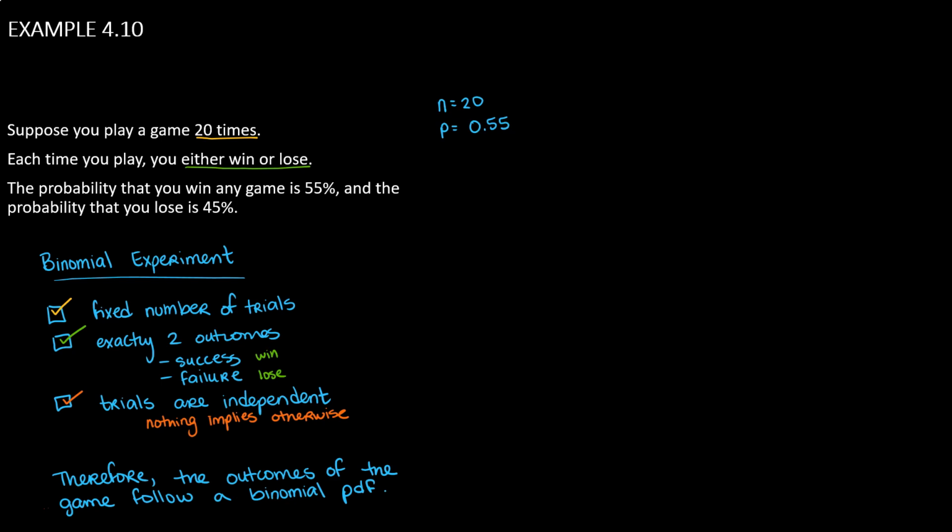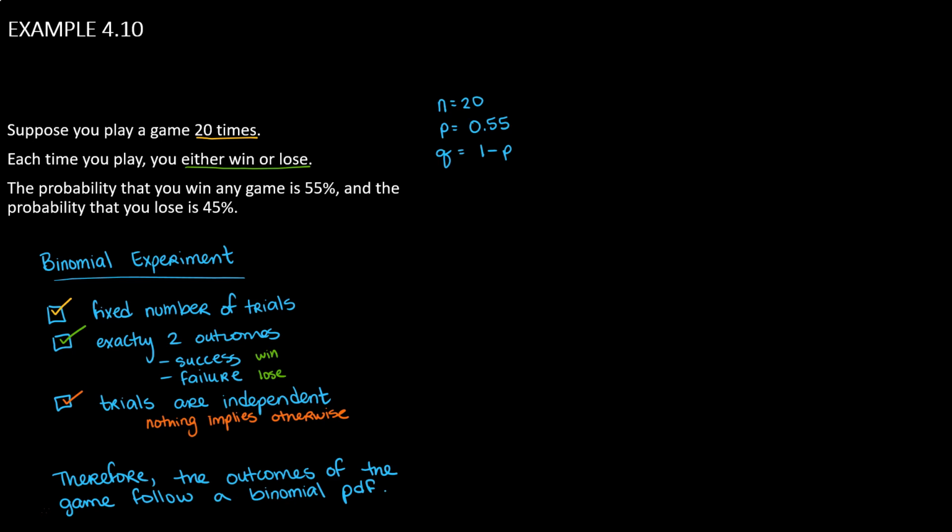The probability of success. We know that we have a 55% chance of winning any game, so our probability of success is 0.55. We use the letter p, a lowercase p, to represent the probability of success. And then lastly, q. Sometimes you're given q and sometimes you have to find q using p. q is the probability that you fail, or in this case, that you lose the game.